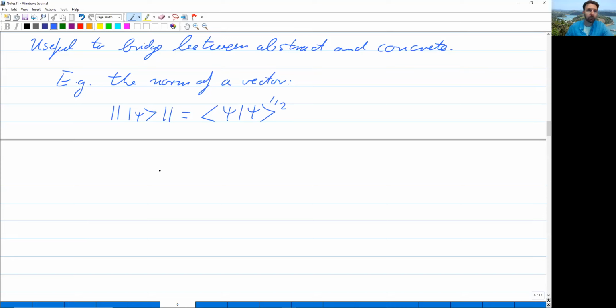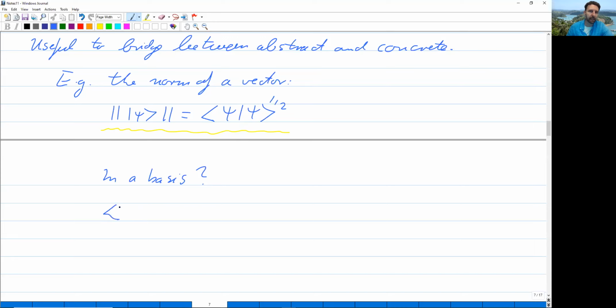But in order to evaluate this, how do we evaluate this? So now in a basis, remember that what I just wrote down does not refer to any choice of bases. This equation here that I'm underlining is the same, whatever basis you may want to work with. But now, how do we express that norm in a basis?